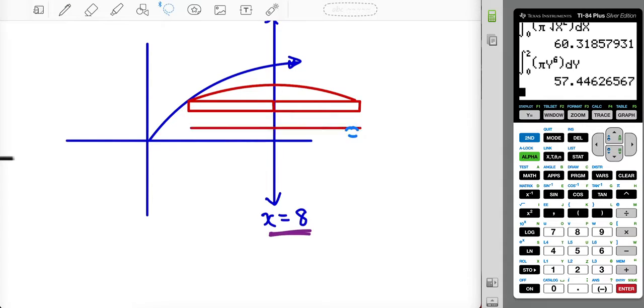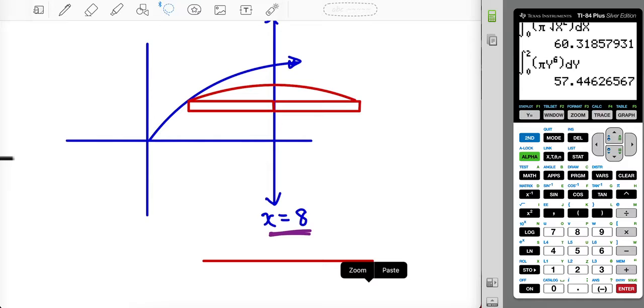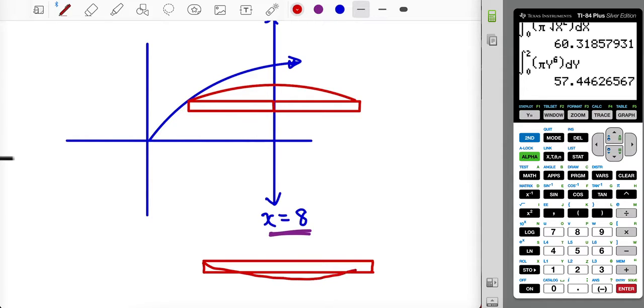I'm going to draw another rectangle. Really, it's not so much a matter of coming up with a rectangle as it is the arc. And there's software out there that'll do this for you, and it's all wonderful.